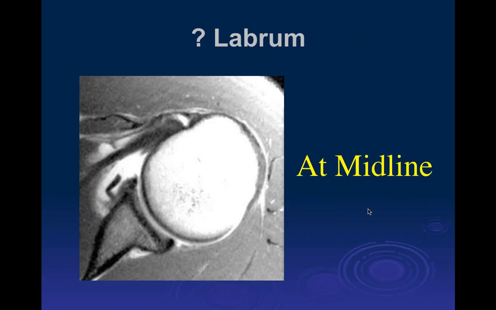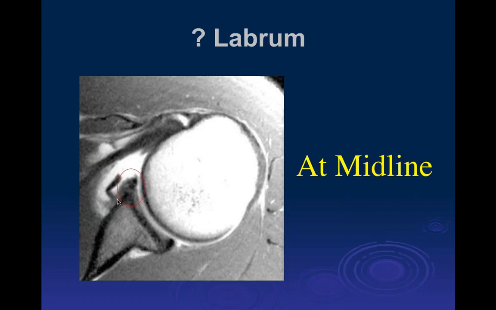What do you think is going on here? So, axial T1 weighted image in a patient who's had an arthrogram, and this low signal intensity structure adjacent to the anterior glenoid may be a ligament, like a middle glenohumeral ligament, in the labrum more anteriorly.